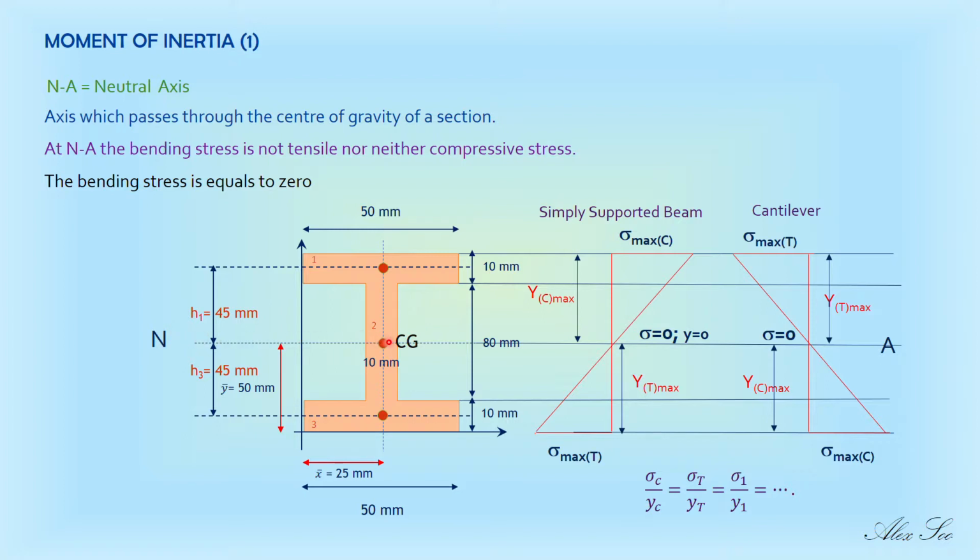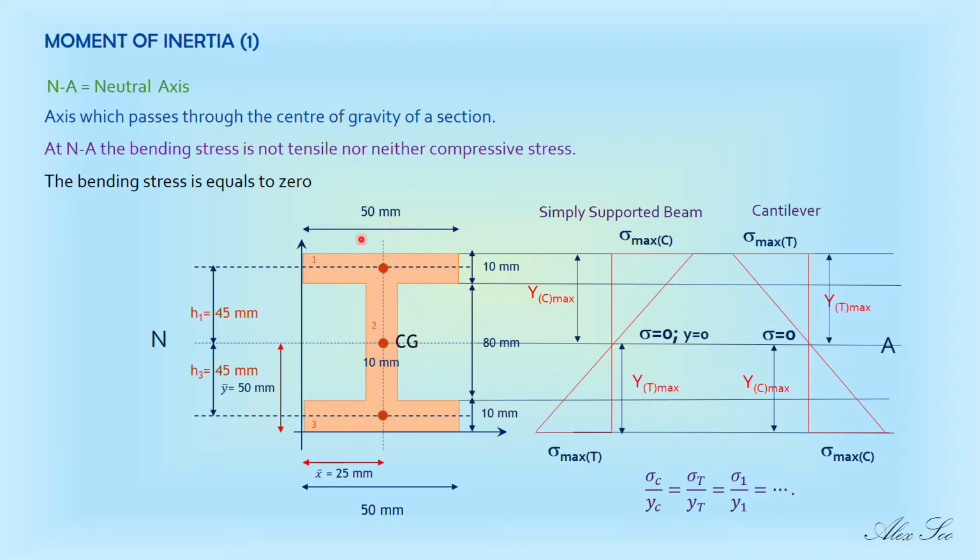To find the CG, you refer back to your first moment of area, which you learned in statics, as with moment of inertia. You again split into 3 sections and use a formula to calculate the CG. But this is a symmetrical section, so you can place the CG on the center of the cross section itself. So you can mark down your neutral axis.